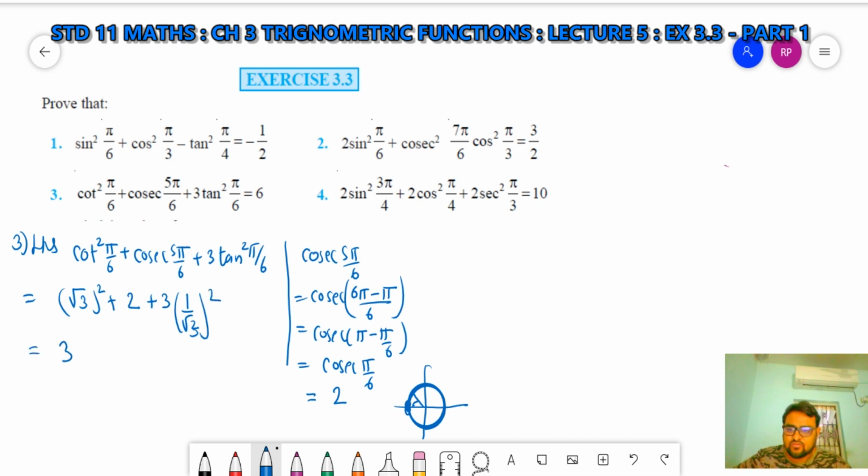So root 3 square is 3, plus 2, plus 1 by root 3 square, which is 1 by 3, so this is equal to 1. So 3 plus 2, 5 plus 1, 6. This is equal to RHS. Clear? Now let's see the fourth one.